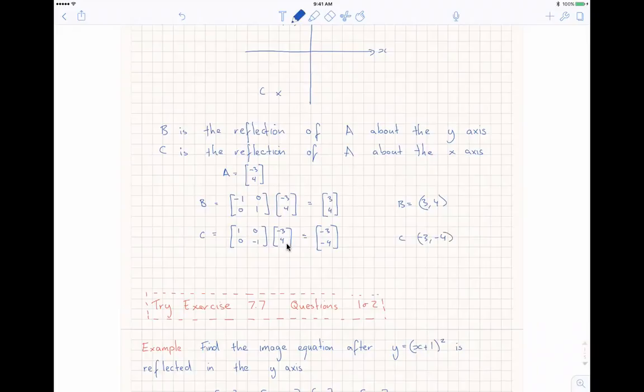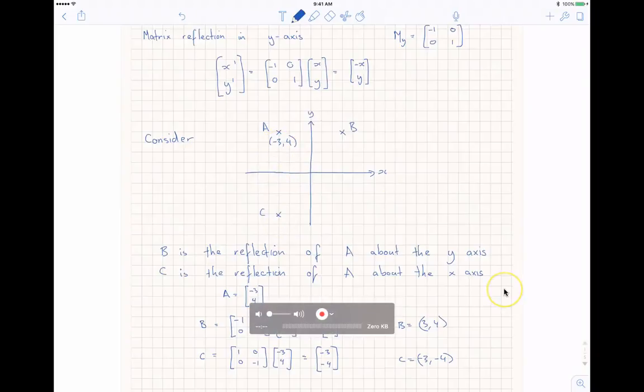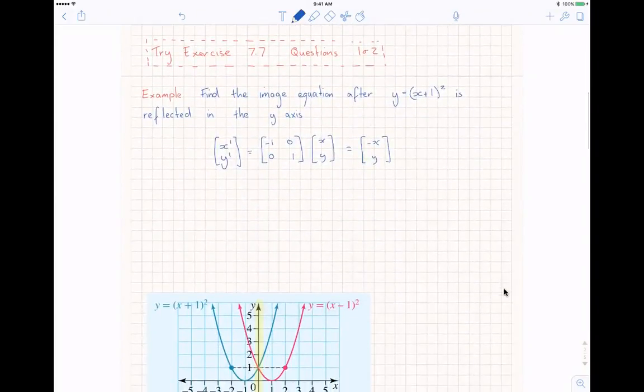So we can check that on our picture here. That makes sense. (3, 4) for B, and (-3, -4) for C. So straight away do questions 1 and 2 from exercise 7.7.